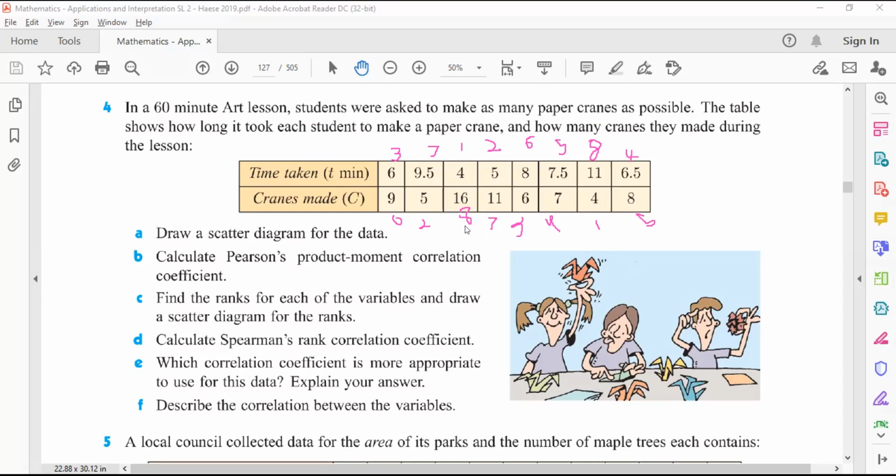Calculator: the rS value is minus 1. Yeah, right, rS is minus 1.